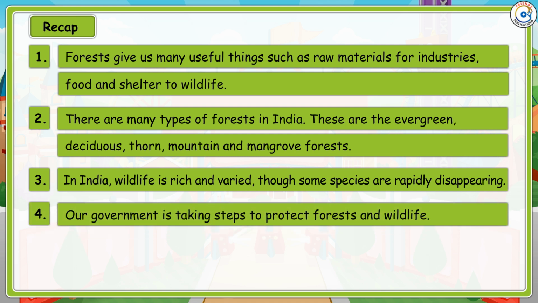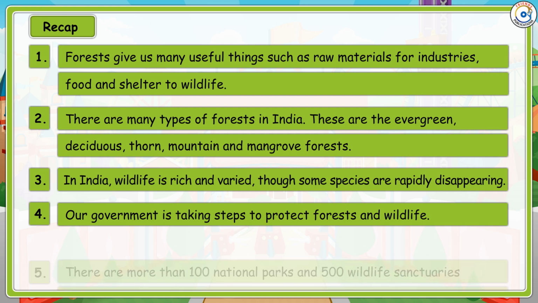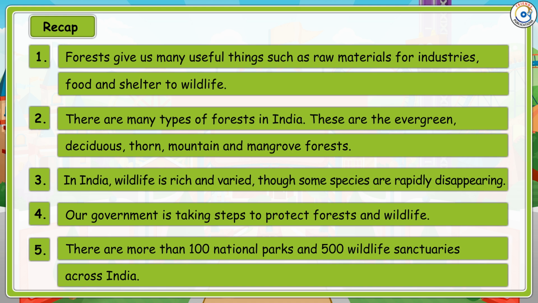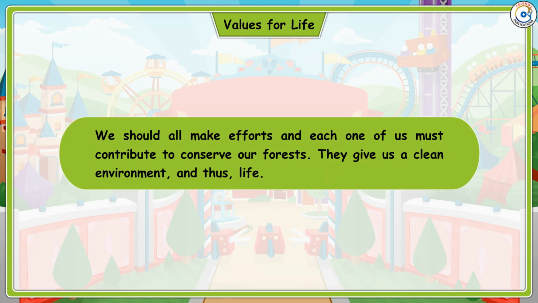Our government is taking steps to protect forest and wildlife. There are more than 100 national parks and 500 wildlife sanctuaries across India. Values for life. We should all make efforts, and each one of us must contribute to conserve our forest. They give us clean environment and thus life.